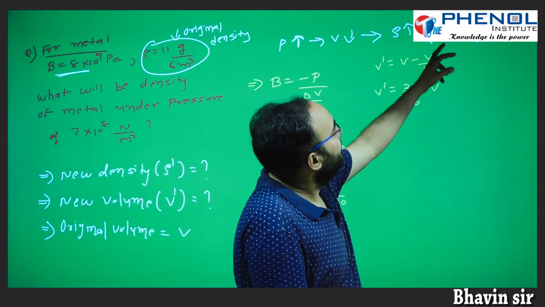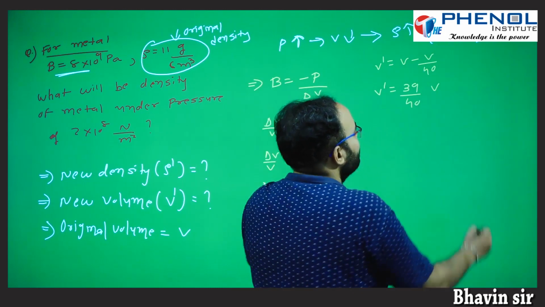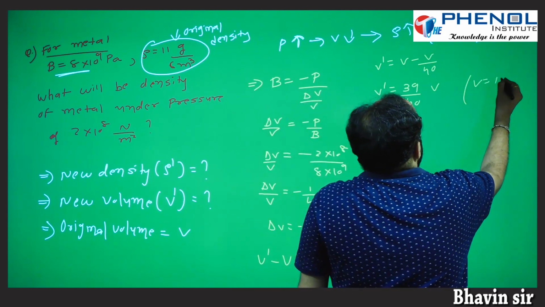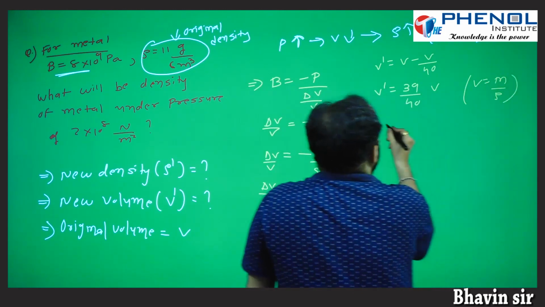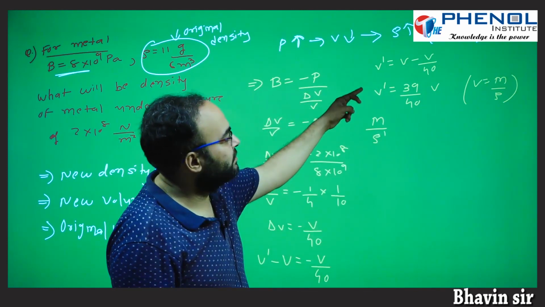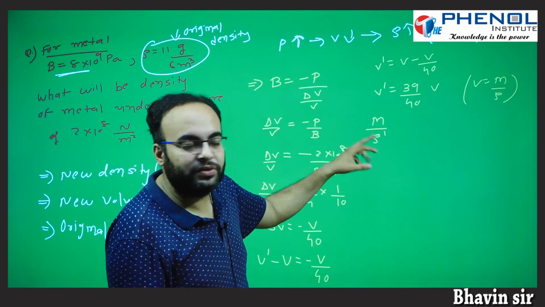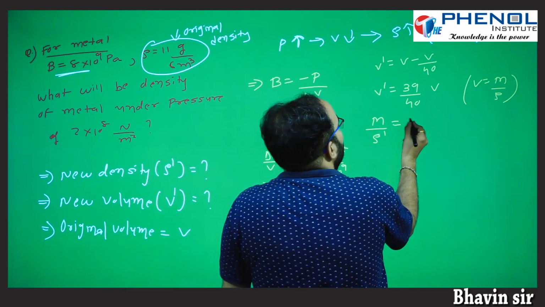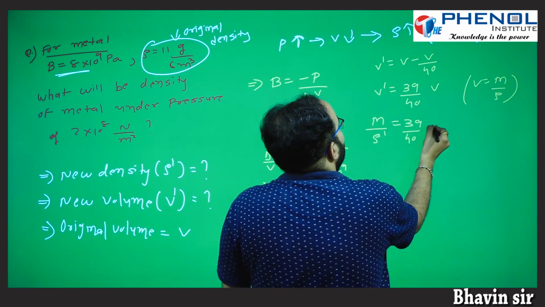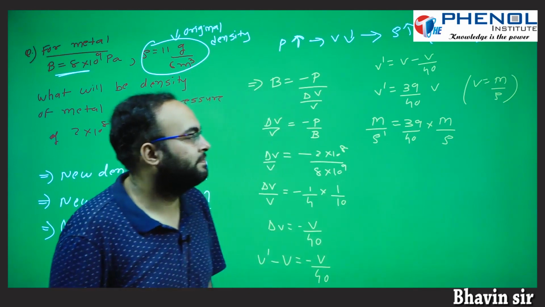Now see, density is equal to mass by volume. So volume is equal to mass by density. It is the new volume, so here the new density. It is the original volume, so here we consider the original density.